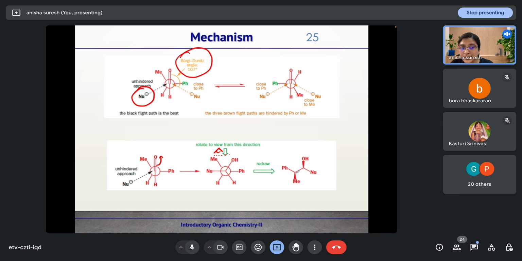The methyl group is coming towards us, the OH group is coming towards us, and the hydrogens are both away from us. So this is the compound that will result.